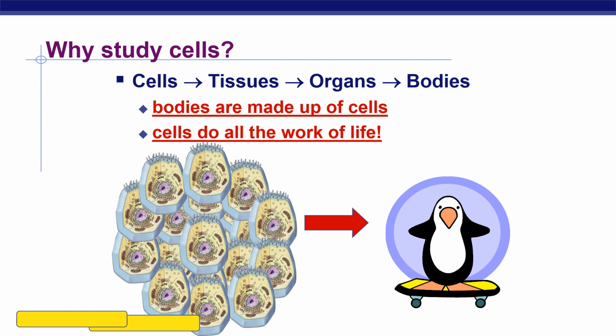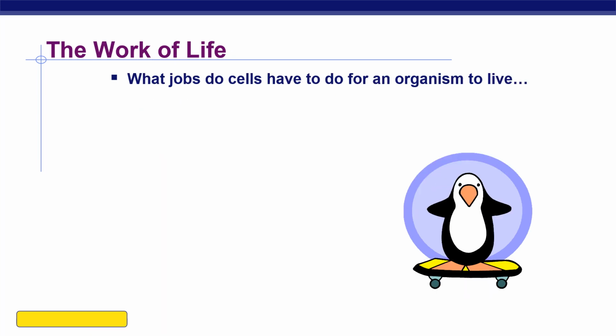So let's find out why it says here that cells do all the work of life. What jobs do cells have to do for an organism to live? Everyone inhale, exhale. It helps us breathe, wherein there is what we call gas exchange.